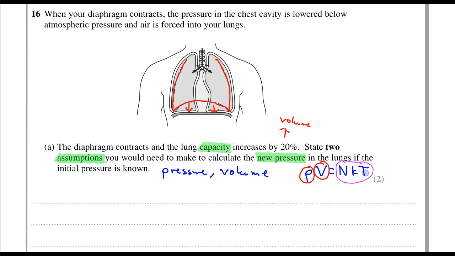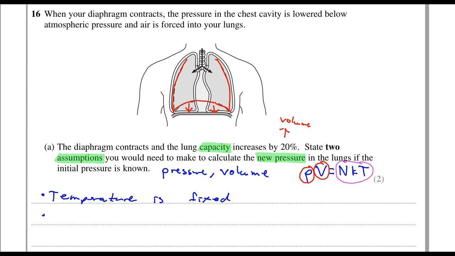So if we look at those terms, we have T there. So we need to assume temperature is fixed. And we have also got N, which is the number of particles.